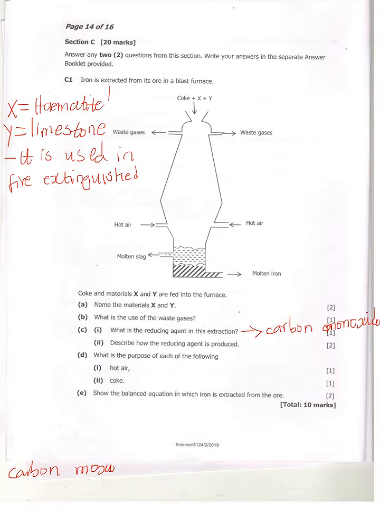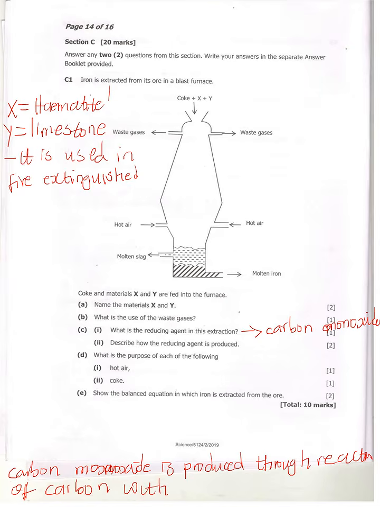Carbon monoxide is produced through the reaction of carbon with carbon dioxide. If you react carbon with carbon dioxide, carbon monoxide will be produced. That's the key.